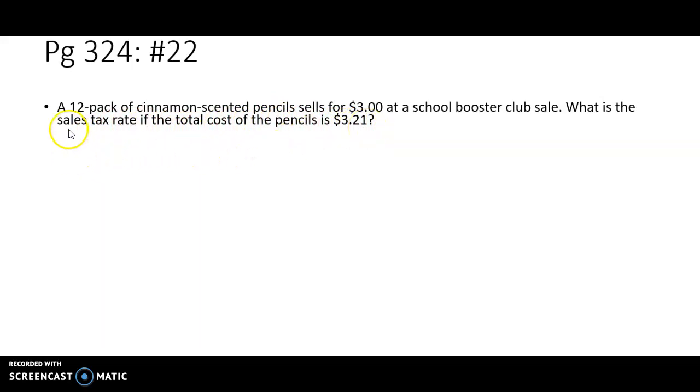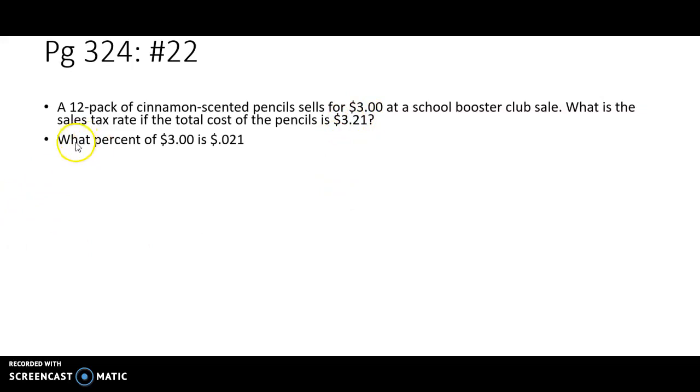What I mentioned back on Monday when we learned the lesson was anytime you see the word rate or tax rate, that means percent. So we're trying to figure out what is the percentage of $3 that gives us tax of 21 cents. Because you see how the extra money is 21 cents? That's the tax.